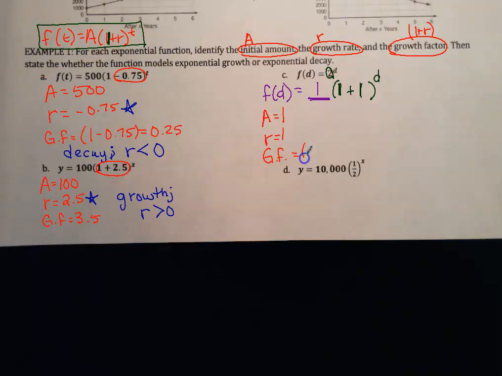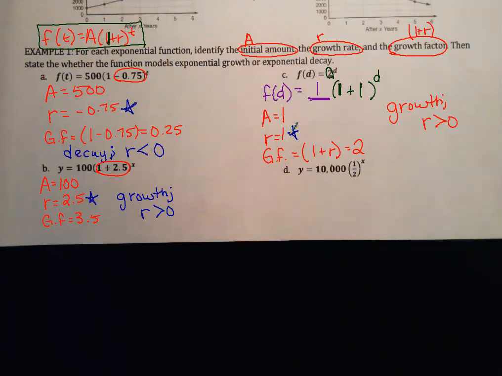Remember, that is equal to 1 plus r, or in this case 1 plus 1. Good, so it's 2. So does this represent growth or decay? Growth, and why? Because r is greater than 0, right? Our r value is 1. Try to switch colors there. There we go. Our r value is 1.